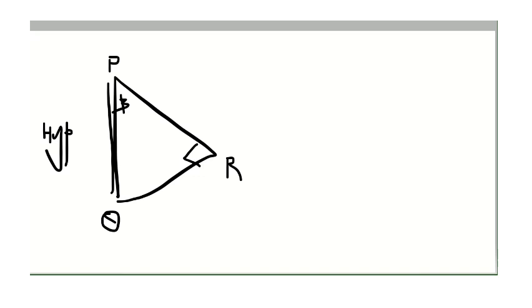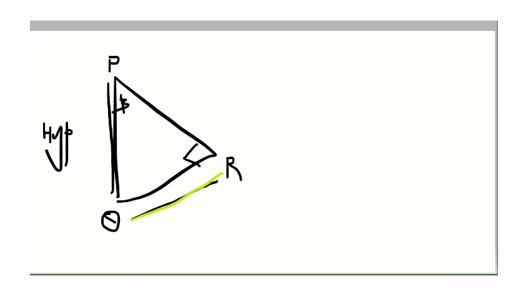So what is the relationship of side QR in relation to angle beta? So we can see that this side is opposite our angle of interest beta.